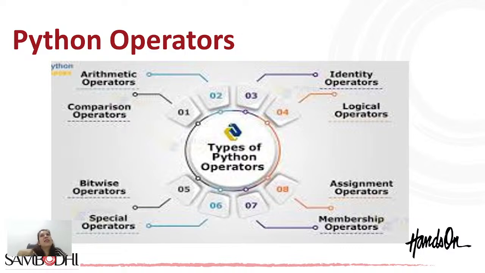My height is more than yours. I am taller than you. He is shorter than me. You are healthier than me. Compare: greater than, less than. Special operators, you have different symbols for it. Assignment operator is the equal to sign, which we saw.